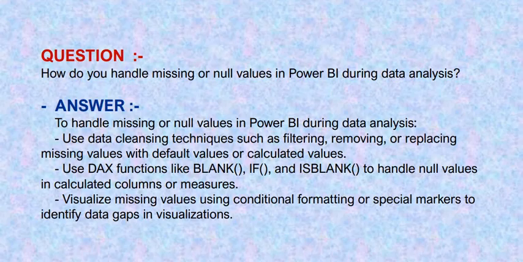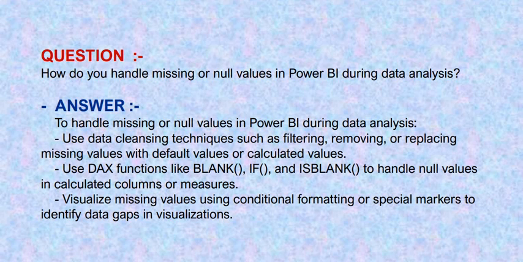Our next question is, how do you handle missing or null values in Power BI during data analysis? Your answer should be, to handle missing or null values in Power BI during data analysis, use data cleansing techniques such as filtering, removing or replacing missing values with default values or calculated values.